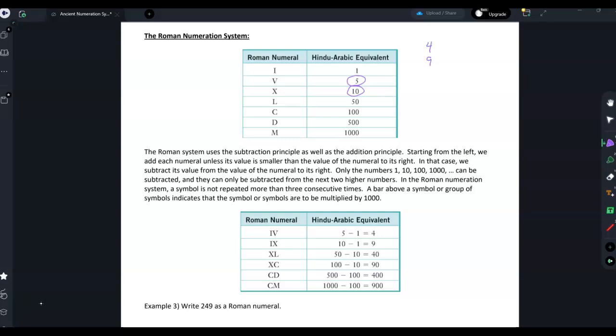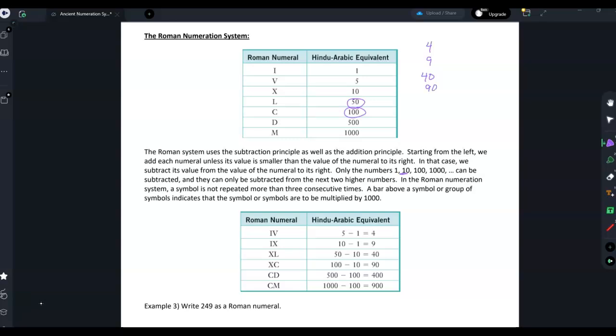You can subtract 10, but only from L, which is 50, or C, which is 100. So the number 40 would involve subtraction, and the number 90, 10 taken from 100.